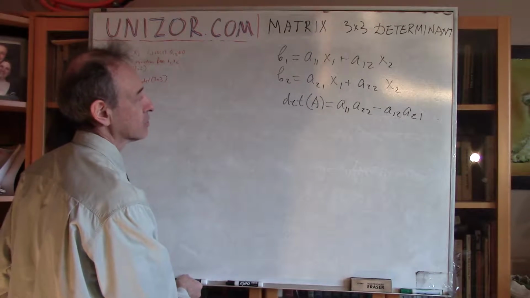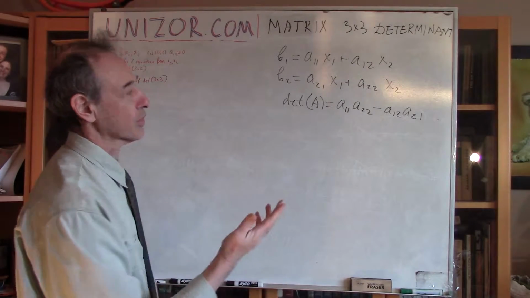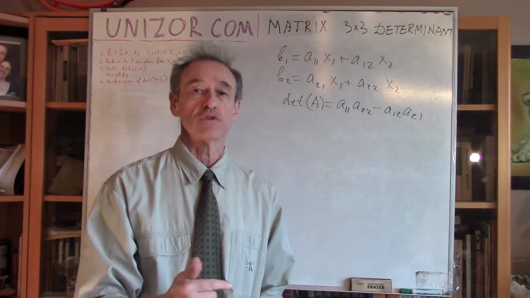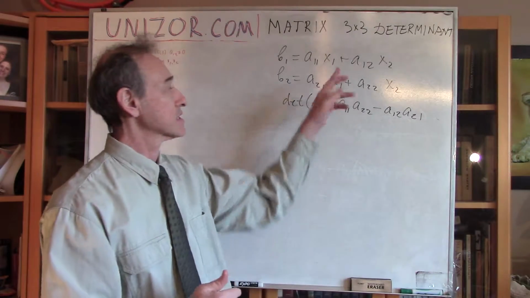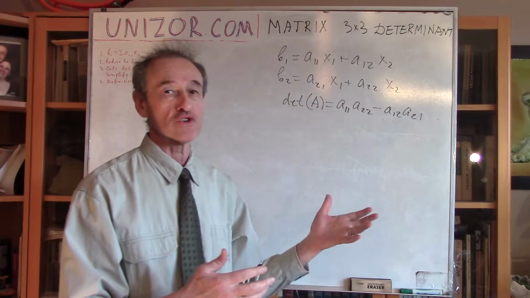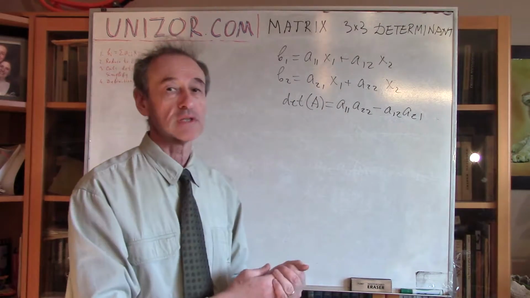Now, this characteristic is so important that whether it's equal to 0 or not is sufficient to determine whether the system has a unique solution. So if this is a system of two equations, we are talking about a unique solution.